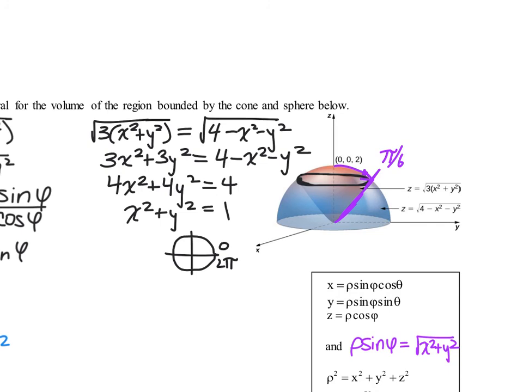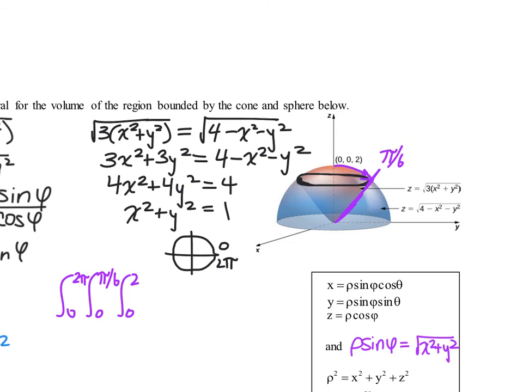So we're looking at an integral from 0 to 2 pi, 0 to pi over 6, I think is what it was, 0 to 2. All of that defines the figure that we're looking to find the volume of.